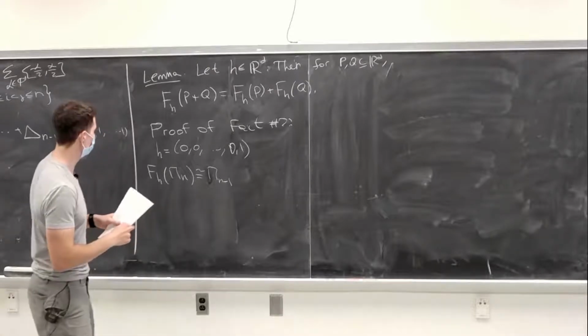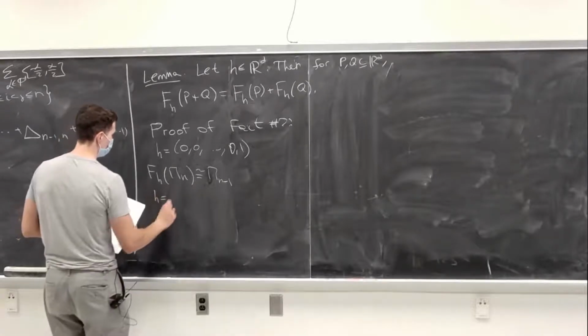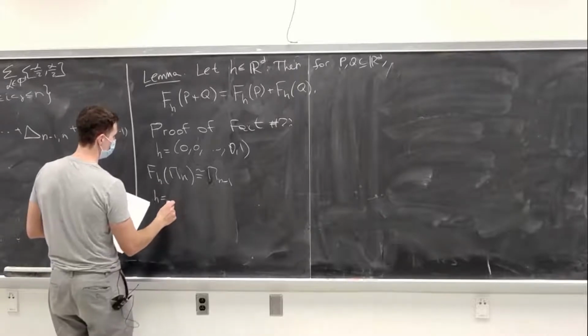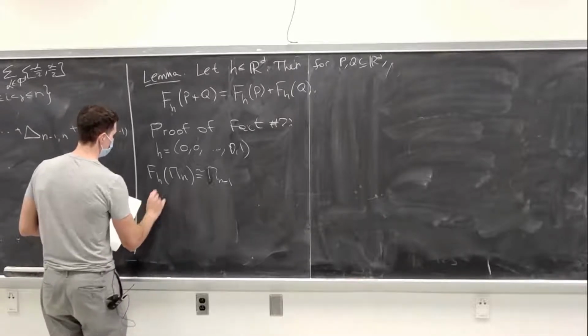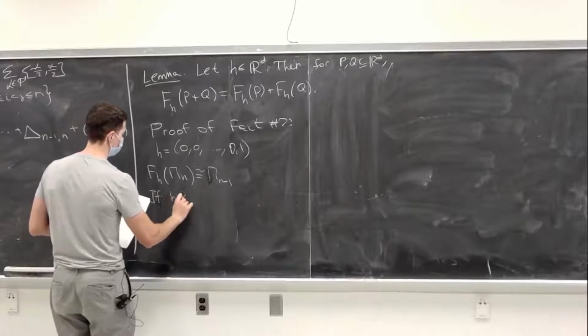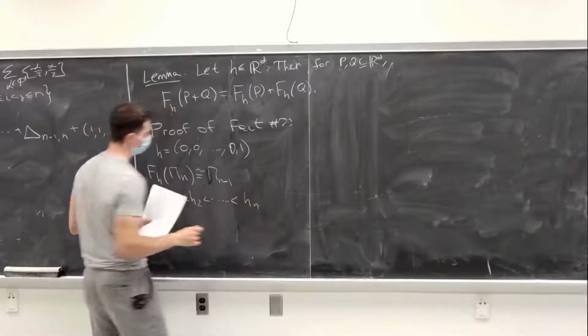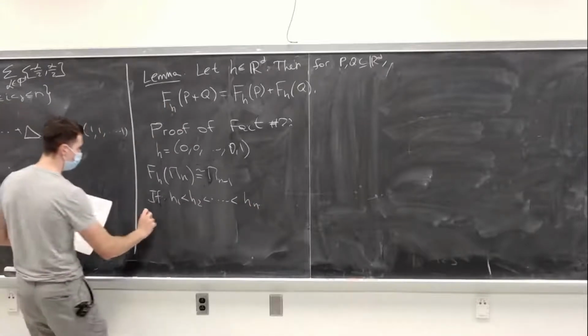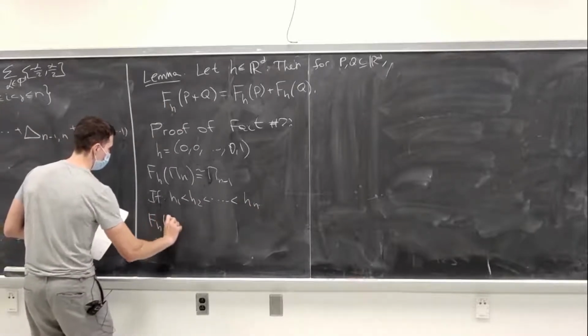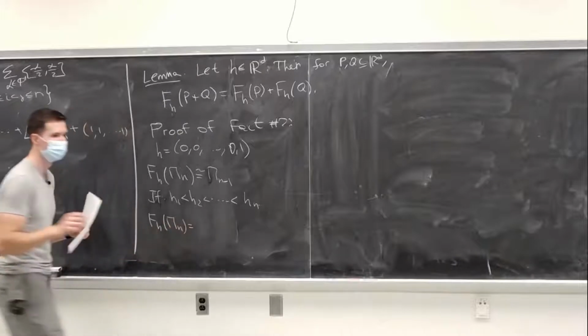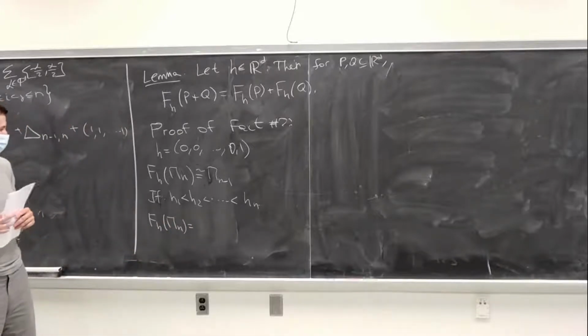Oh, you want to take h generic. For example, let me even say h_1 is less than h_2, etc., less than h_n. Then what is F_h of the Permutohedron? The entire thing?